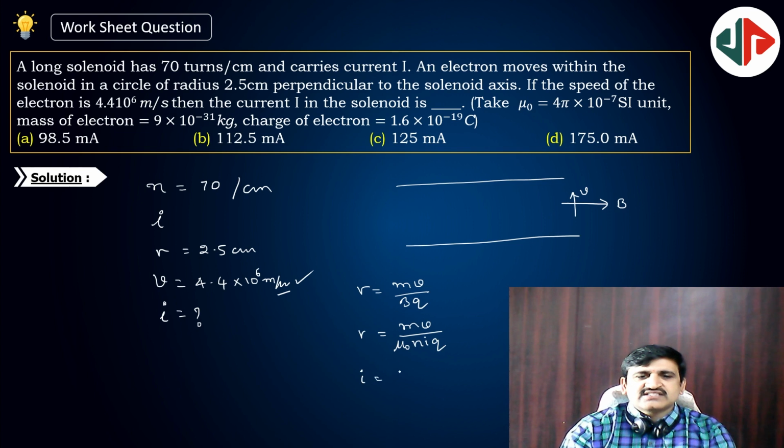That means I = mv/(mu naught n r q). So then only it can make circles, right?